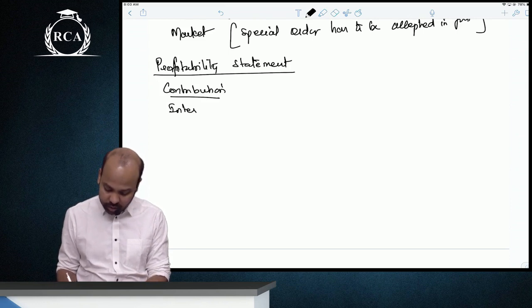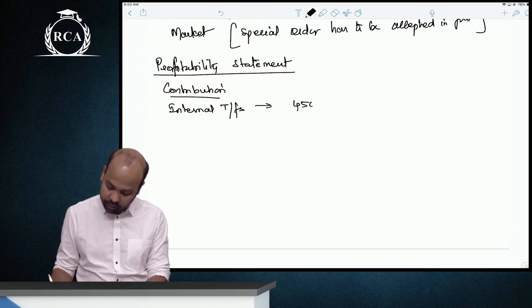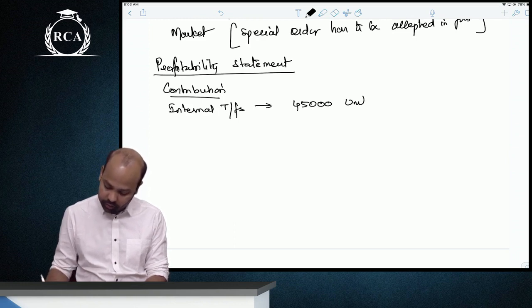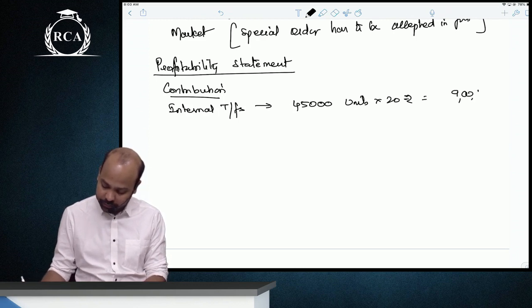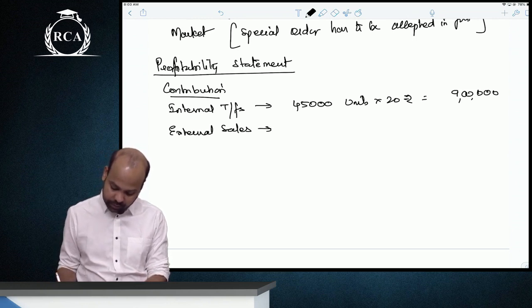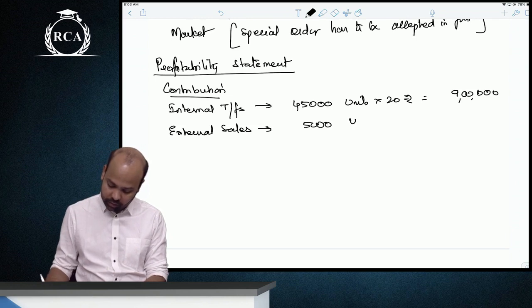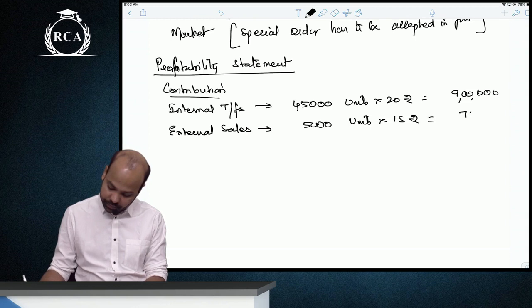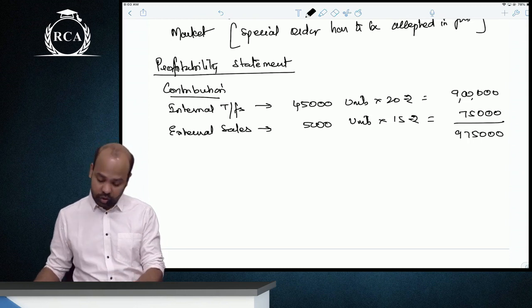Contribution from internal transfers: we all know that we're going to get 45,000 units into 20 rupees contribution, that is 9 lakhs. And then from external sales, it's going to be 5,000 units at 15 rupees. 9,75,000 is going to be the contribution.